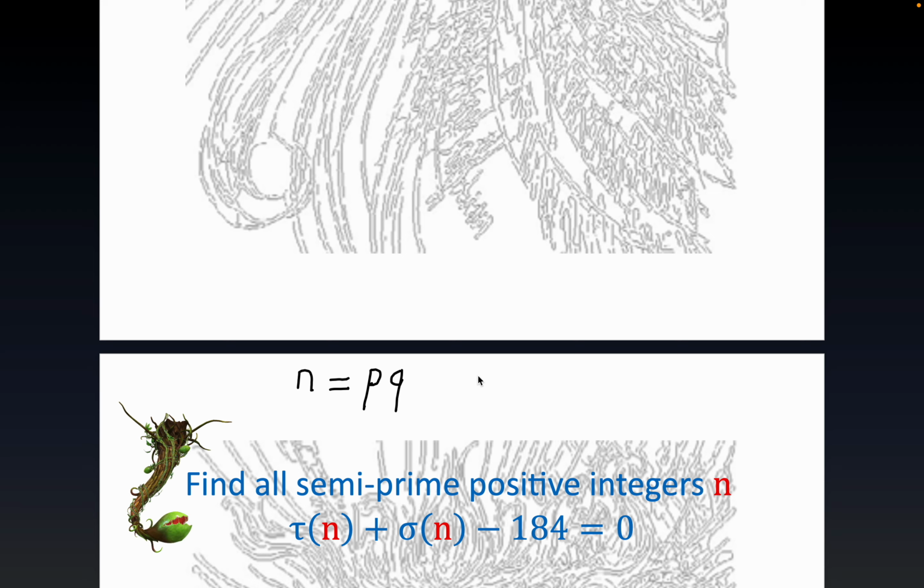Now, notice something that's kind of nice here with respect to sigma, which is the sum of the divisors of a particular integer. Now, notice if we consider p plus 1 times q plus 1.